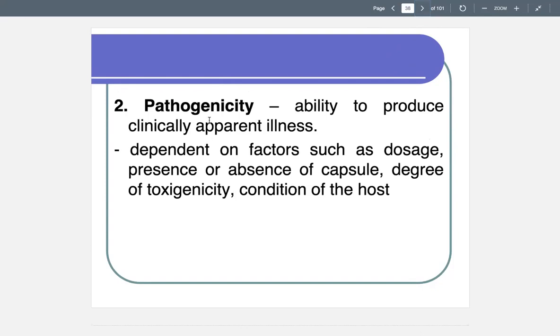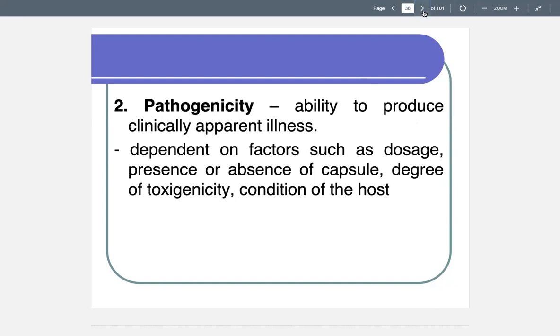Pathogenicity, class, is the ability to produce a clinically apparent illness, or in other words, there are signs and symptoms that the susceptible host experiences. That is the disease process already. Pathogenicity is the ability to produce clinically apparent illness, signs and symptoms.